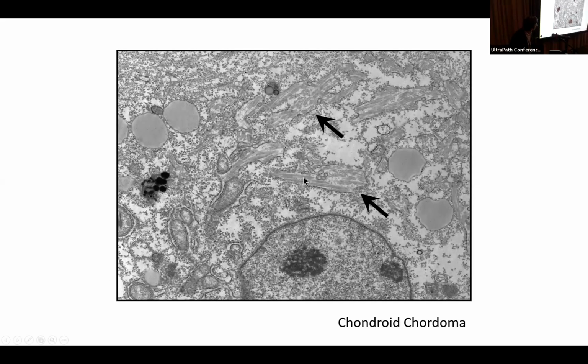Here you can see inside the ER these tubular structures. These kind of structures would suggest that this is a tumor cell that could be producing cartilage. And then tubular structures of a smaller diameter might point to the possibility of a malignant melanoma, and so on and so forth. And as we go along, we'll be showing you some other examples of that.